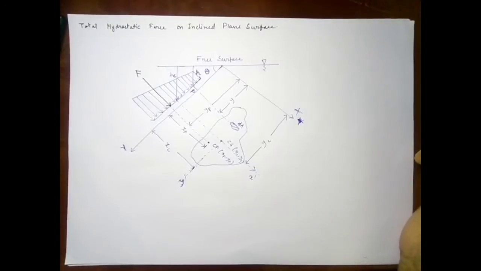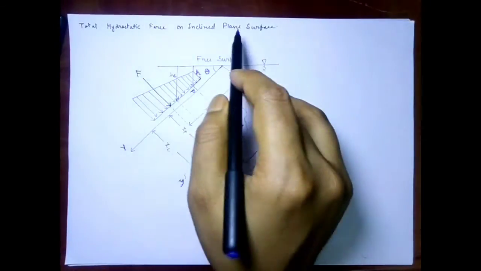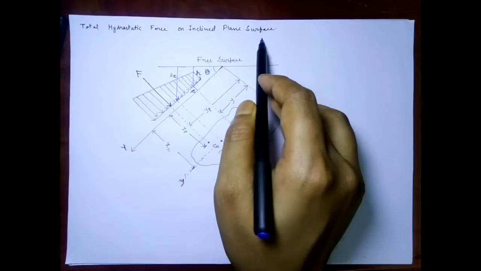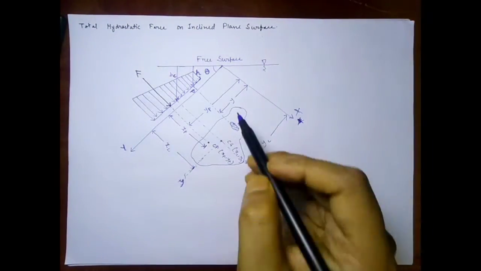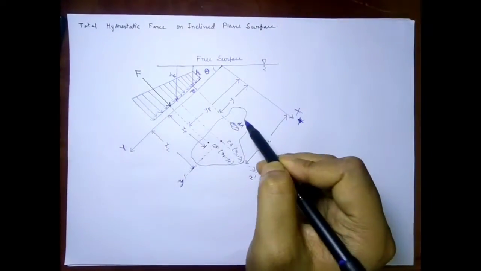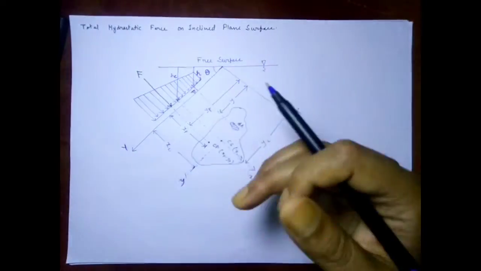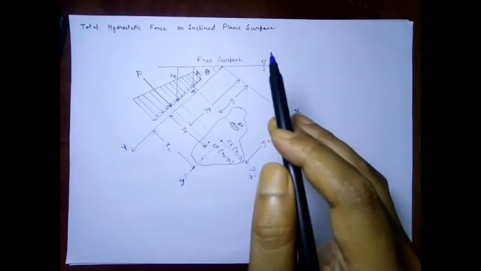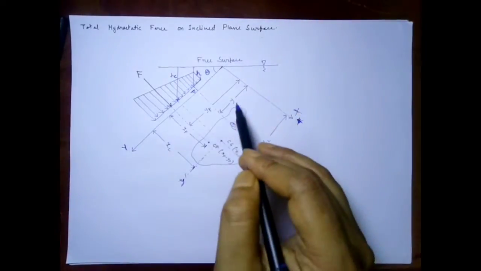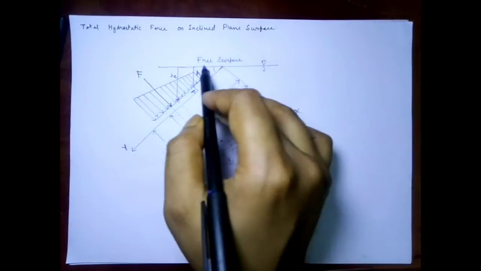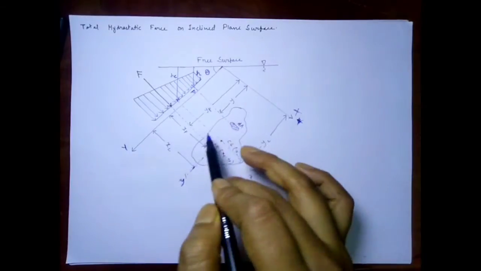Now let's take up the case for the total hydrostatic force on an inclined plane surface. Suppose we have a body inclined in this way, immersed in the water or in the liquid.